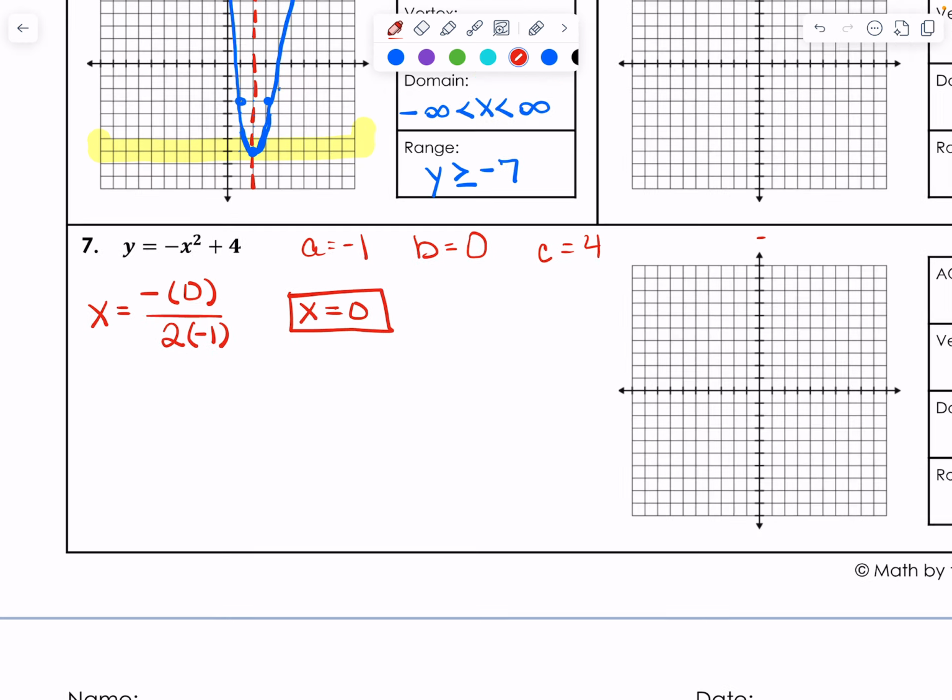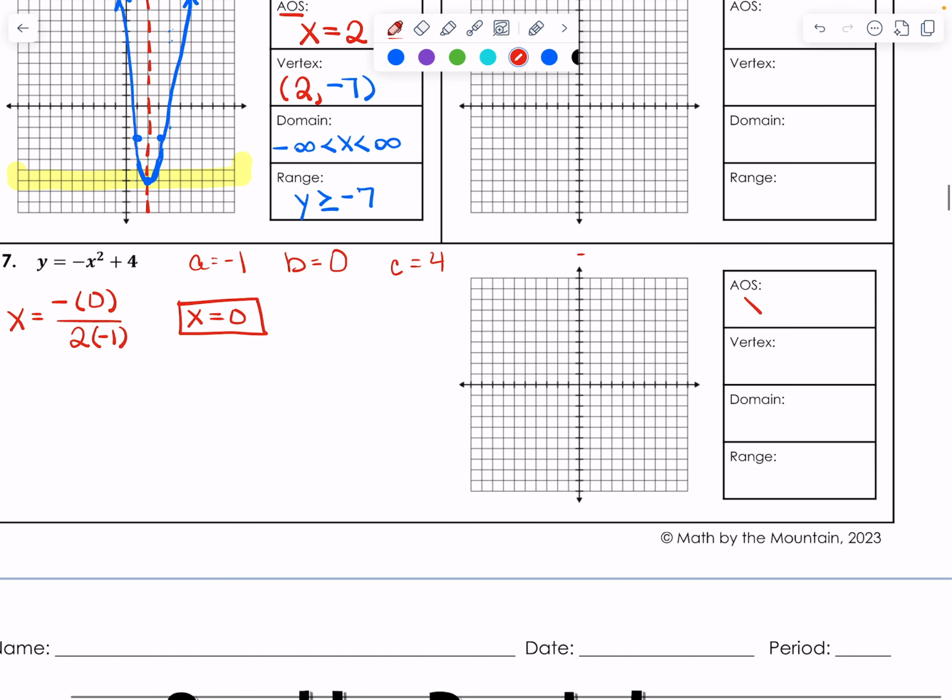So that means that our axis of symmetry is x equals 0. The x value of our vertex is 0, and the axis of symmetry lies right on the y-axis. So x equals 0.